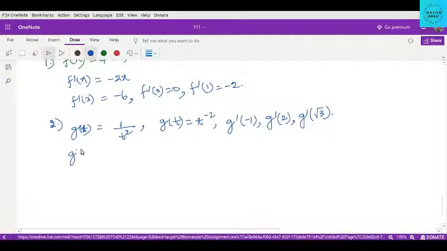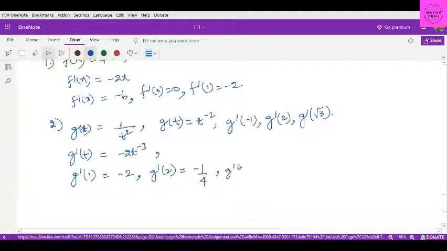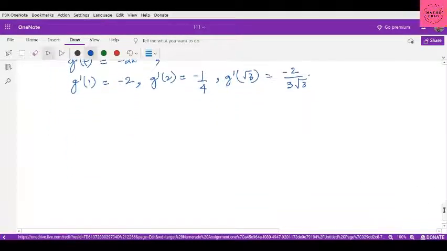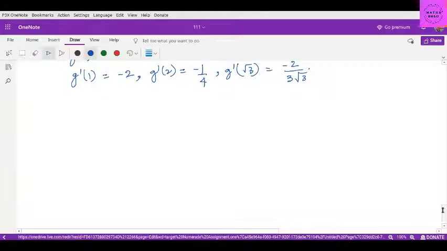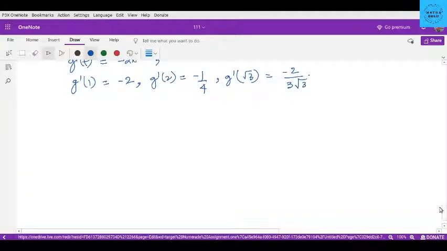So we have g dash t equals minus 2 t to the power minus 3, and we have g dash 1 equal minus 2, g dash 2 equal minus 1 upon 4, and g dash root over 3 is equal to minus 2 upon 3 root over 3. So these are the problems which we have solved in the lecture.